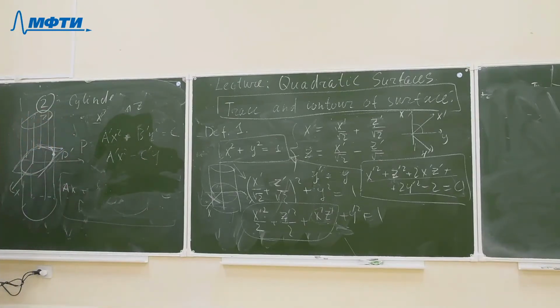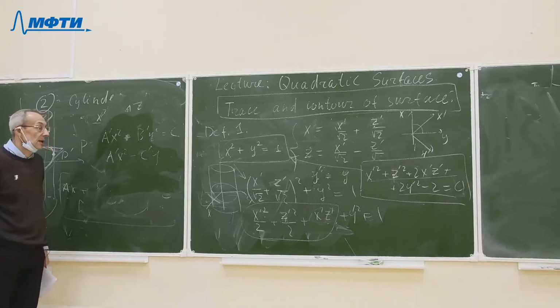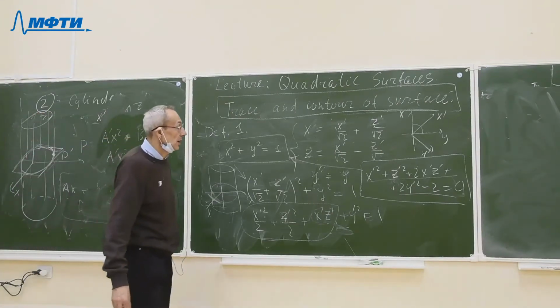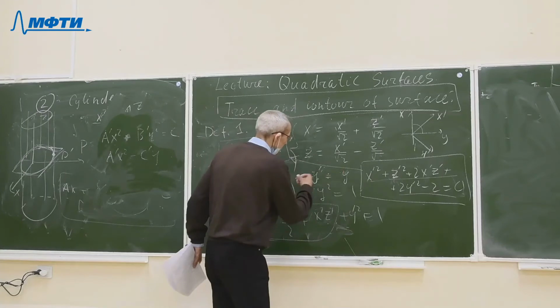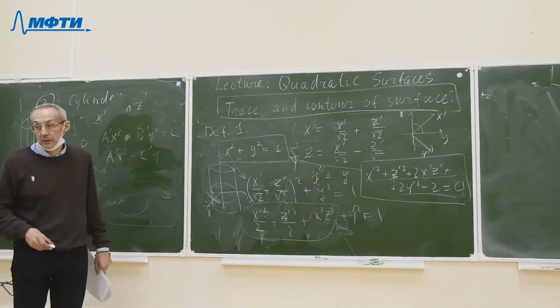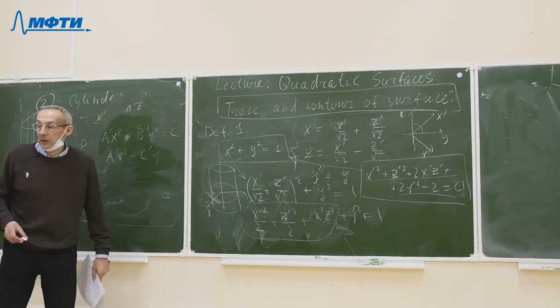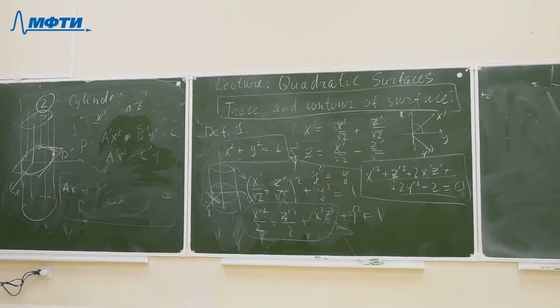In one of these cases, we obtain a cylinder. And the problem is to reduce the arbitrary equation to the canonical form. After that, we can understand whether we have a cylinder or not. Do you understand my explanation?